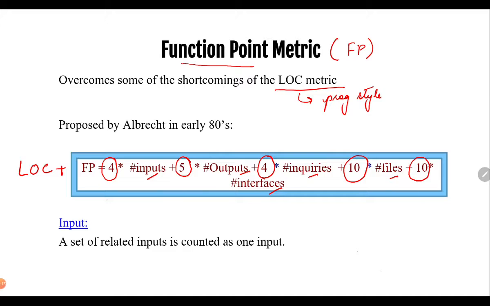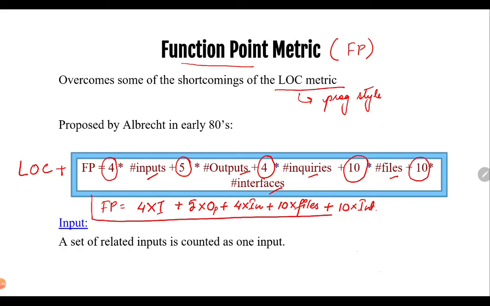So basically the function point metric can be represented as 4 into the number of inputs, plus 5 into the number of outputs, plus 4 into inquiries, plus 10 into files, plus 10 into interfaces. So this is the exact formula which is used to represent the function point metric, and it considers 5 different parameters.